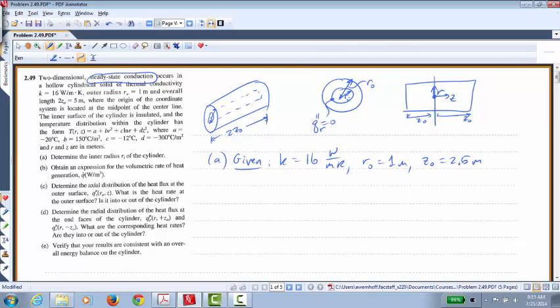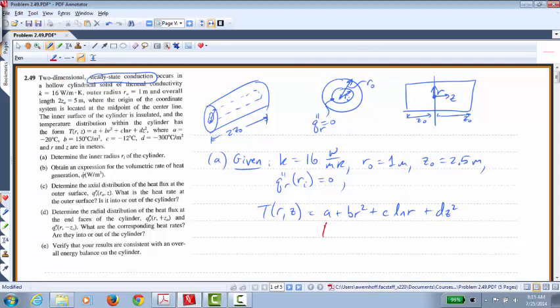You're given that the inner surface of the cylinder is insulated, so Q double prime R at Ri is equal to 0. And you're given this temperature distribution T of R and Z is equal to A plus B R squared plus C times logarithm of R plus D Z squared, and you're given all these numbers.